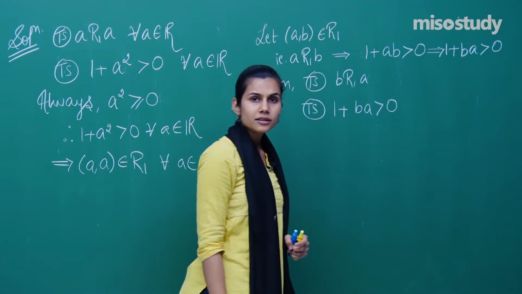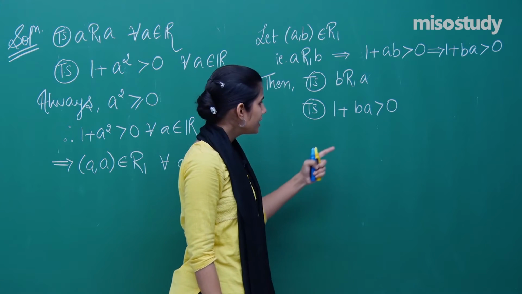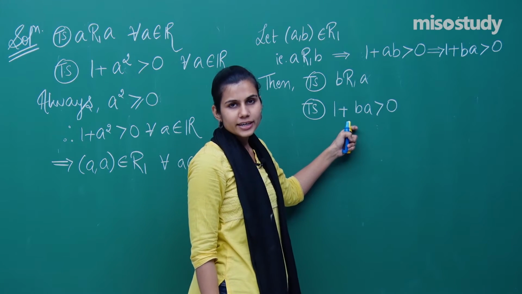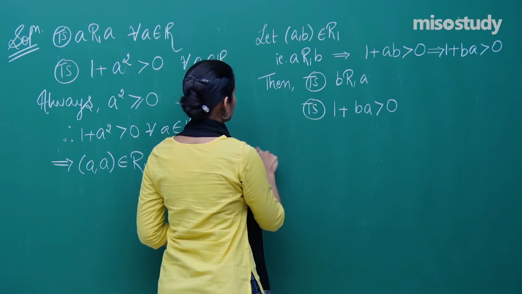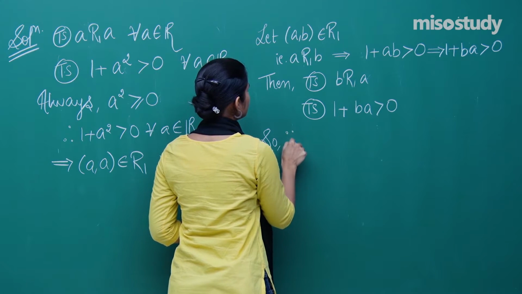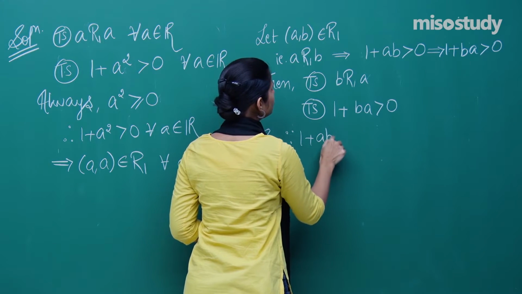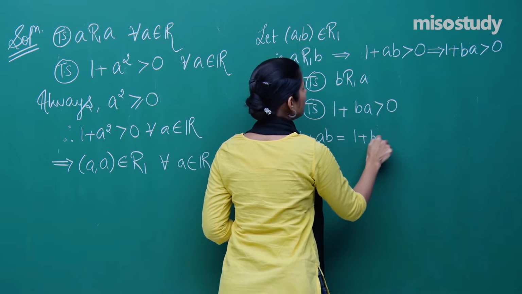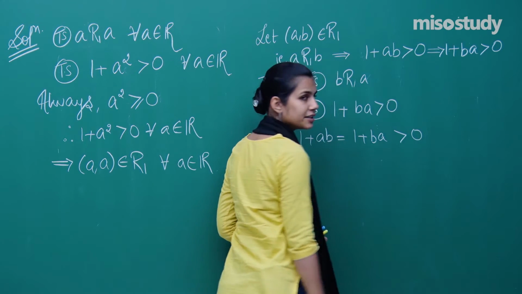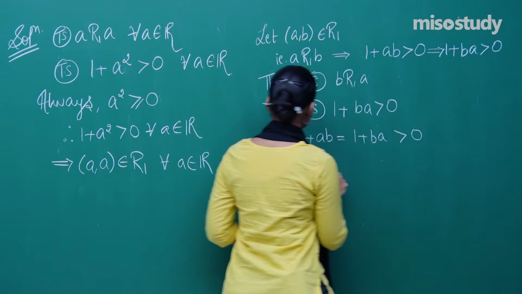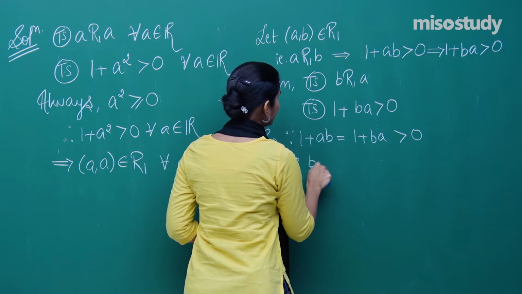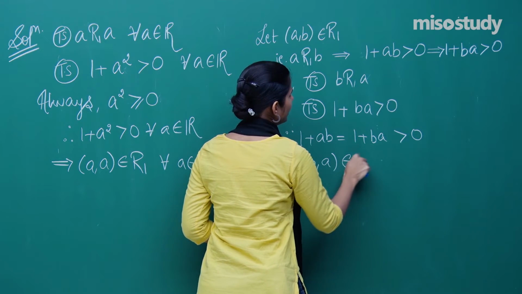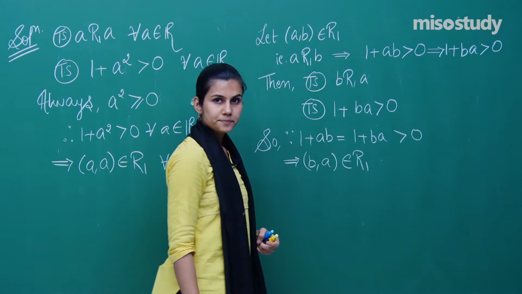One and the same thing. And that is what was wanted to show, that B is related to A under R1. And so, since 1 plus A into B is same as 1 plus B into A which is greater than 0, this implies B is related to A under the relation R1.